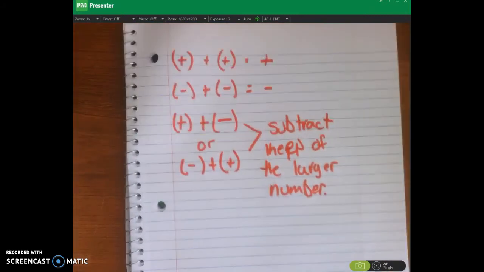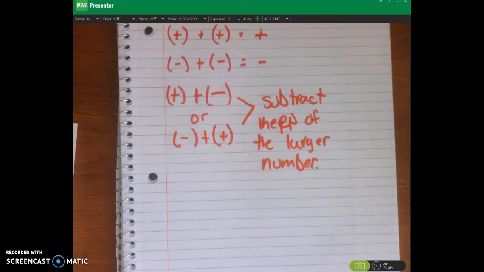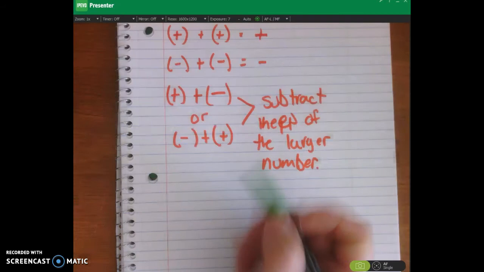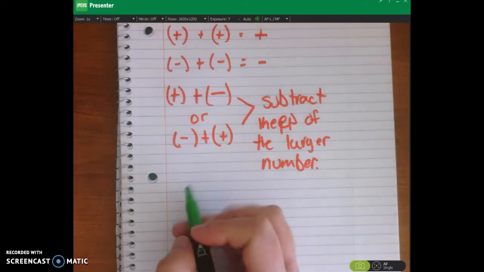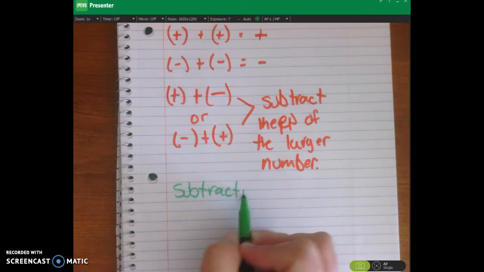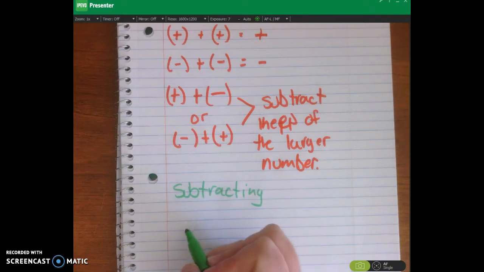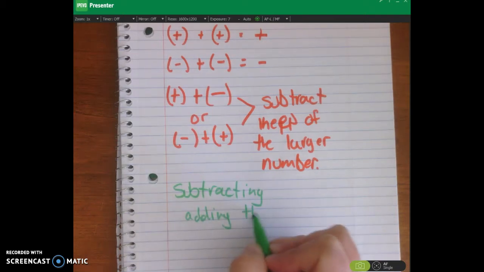Okay, now if we're subtracting, which all those problems were subtracting. Now let me get green back here. So if we are subtracting, okay, you are always going to change your subtraction to adding the opposite.